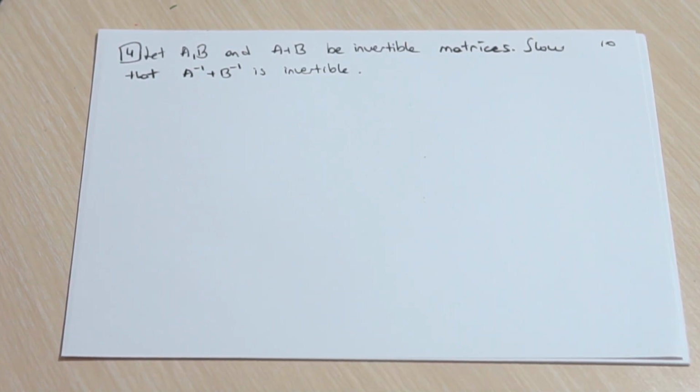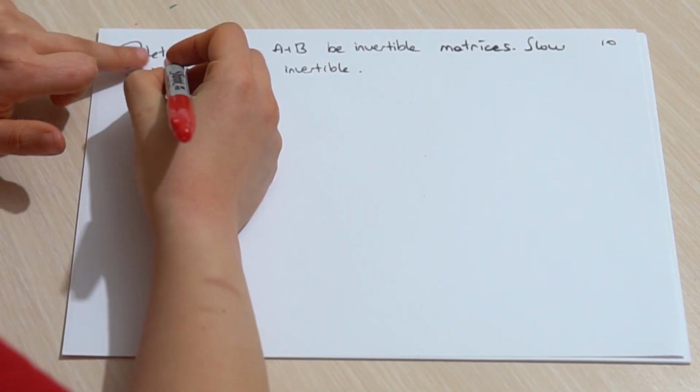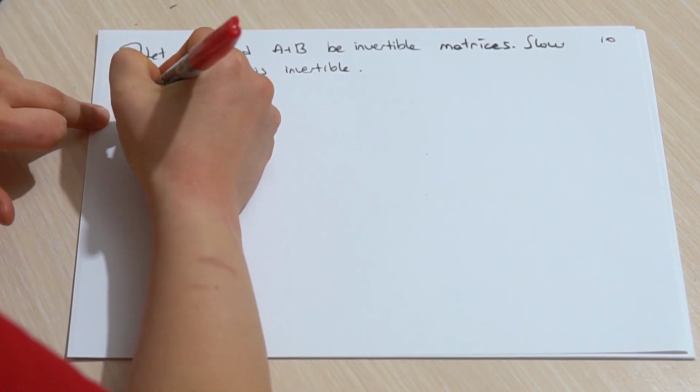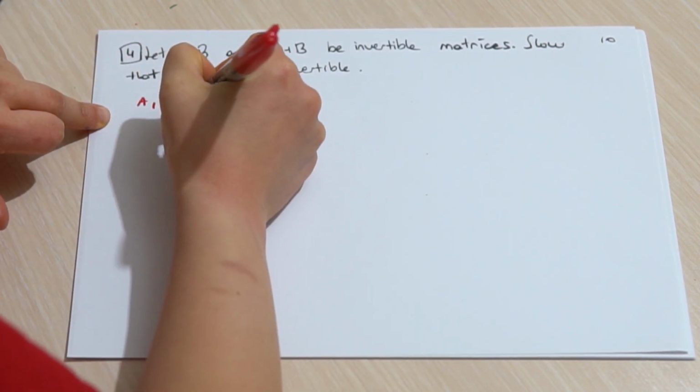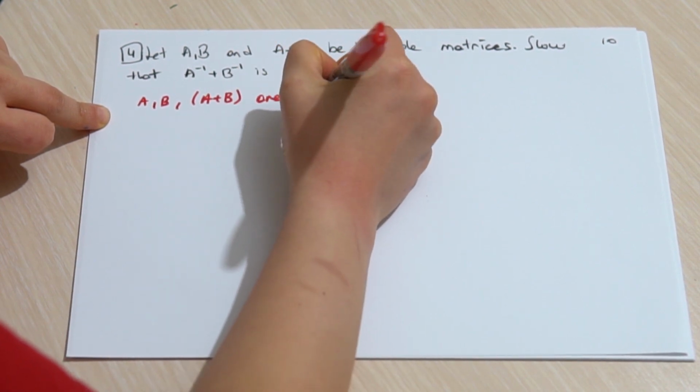Let A, B and A plus B be invertible matrices. Show that A inverse plus B inverse is invertible. Now, we know that A, B and A plus B are invertible, right?